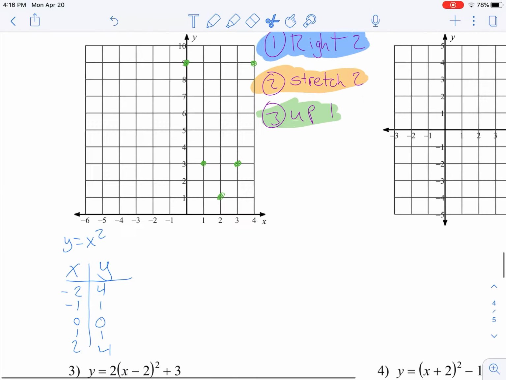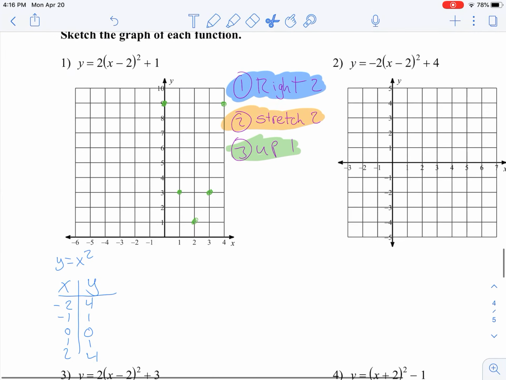I'm going to grab it and move it over here so that we can compare it with what we're doing. Okay. So this is a different way to graph these, and we're going to end up getting these same green points here. When we look inside, right 2, this is the only thing that's affecting our x value, and it's moving right 2. So I'm going to create a table down below, and my table is going to be x plus 2.